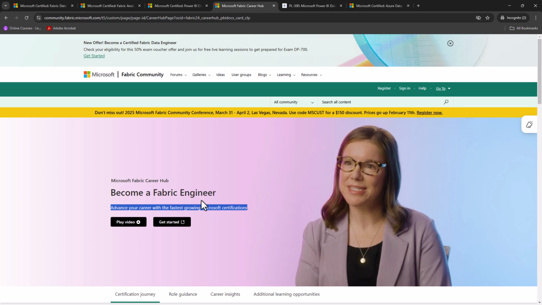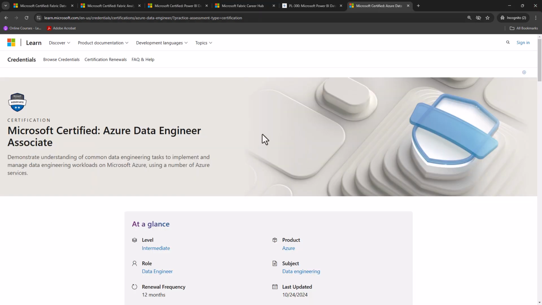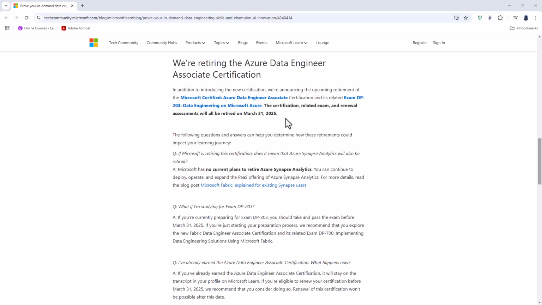Now, to end this video, how much importance is Microsoft placing on Microsoft Fabric? Well, there is an exam, the DP-203 exam, all about Azure Data Engineer Associate, and this is a very popular certification. However, it is being retired as of the 31st of March 2025.